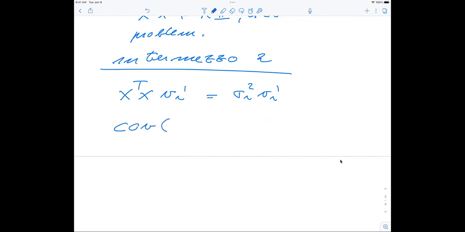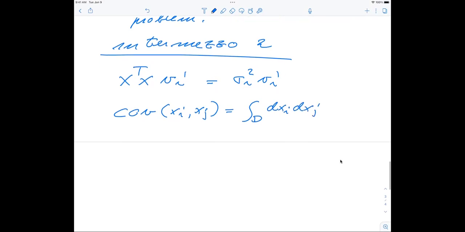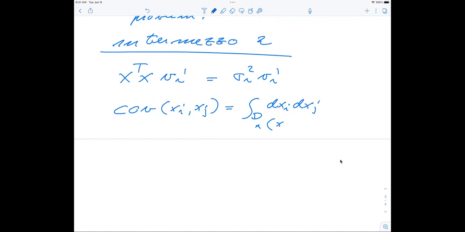If I have two variables, x_i and x_j, and we have a continuous function, this is going to be given with an integral over the domain and over dx_i dx_j. This is going to be multiplied with x_i minus mu_i, the mean value for the variable i, and x_j minus mu_j, multiplied with the probability of finding x_i and x_j. This is the definition if you have the probability distribution.